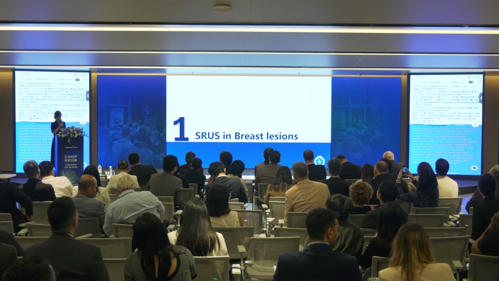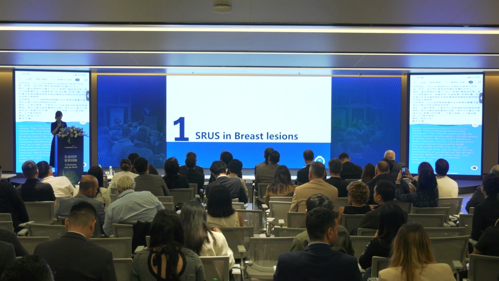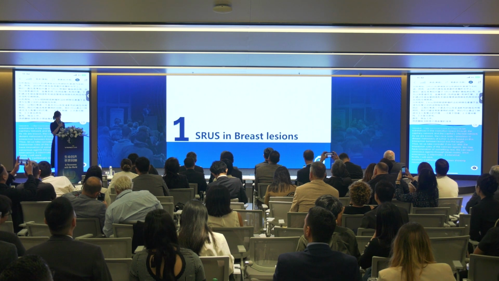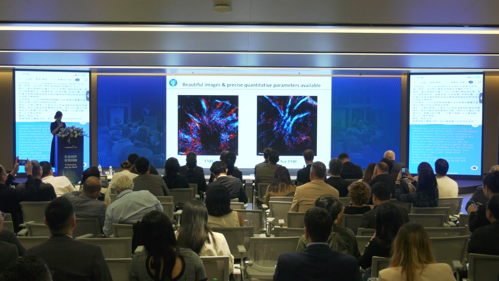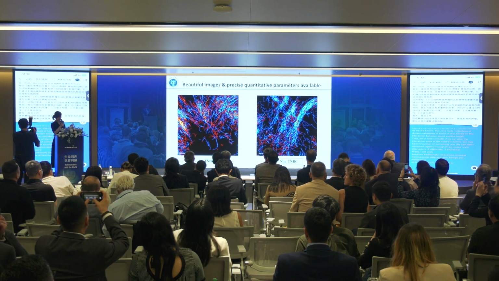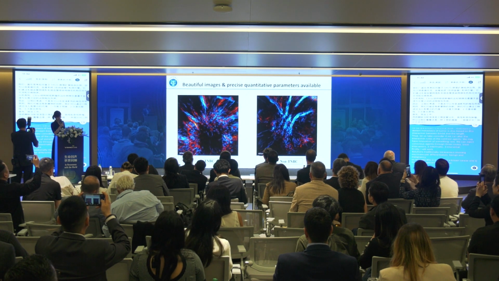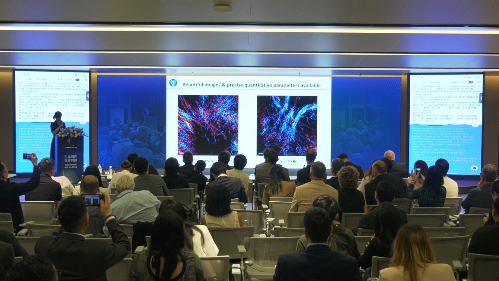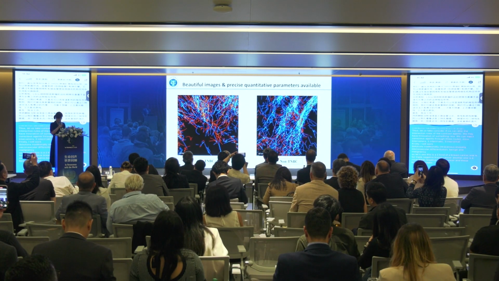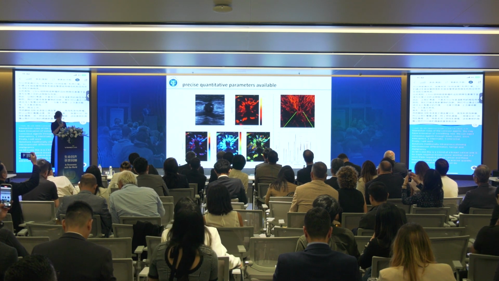Firstly, our work of SRUS in breast lesions, traditionally intravenous, showing microvasculature in differentiating benign and malignant. So let's see. These are 2 kinds of breast cancer. One is triple negative breast cancer. Another one is non-triple negative breast cancer. And with these beautiful images and the precise quantitative parameters available, we can do a lot of analysis.